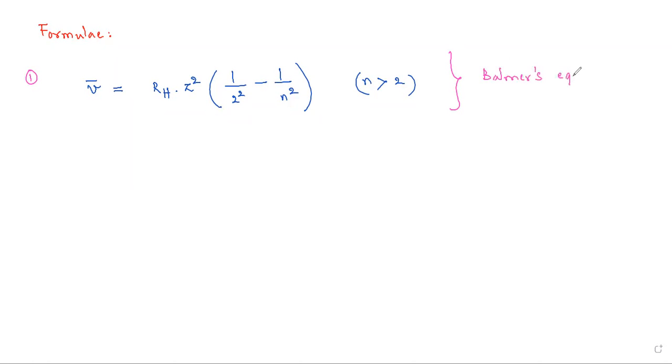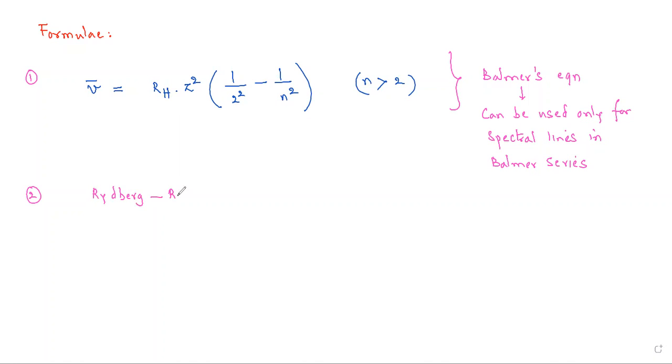Now this Balmer's equation can be used only for spectral lines formed in Balmer series. Now this was later modified by Rydberg, and he gave this equation called Rydberg-Ritz equation.